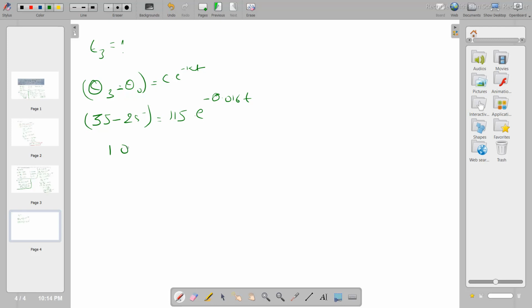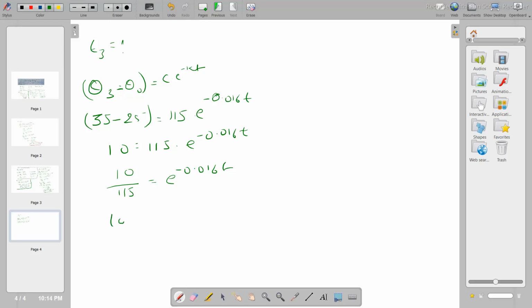So we'll solve it. It will become 10 is equal to 115 into e power minus 0.016 t. Again it will become 10 by 115, this will go down, is equal to e power minus 0.016 t.